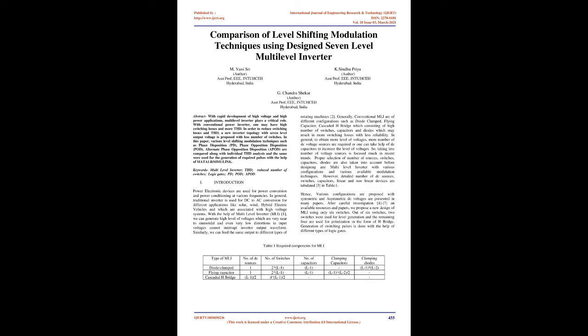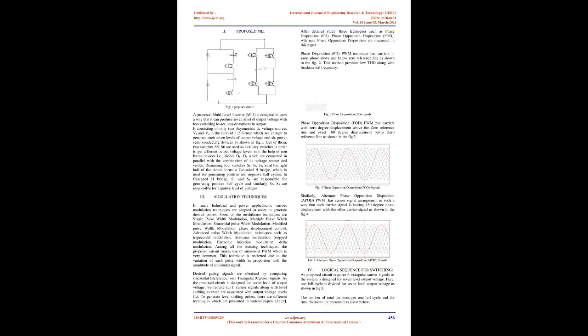So, using fewer voltage sources is focused on much in recent trends. Proper selection of the number of sources, switches, capacitors, and diodes is also taken into account before designing any multi-level inverter with various configurations and various available modulation techniques.